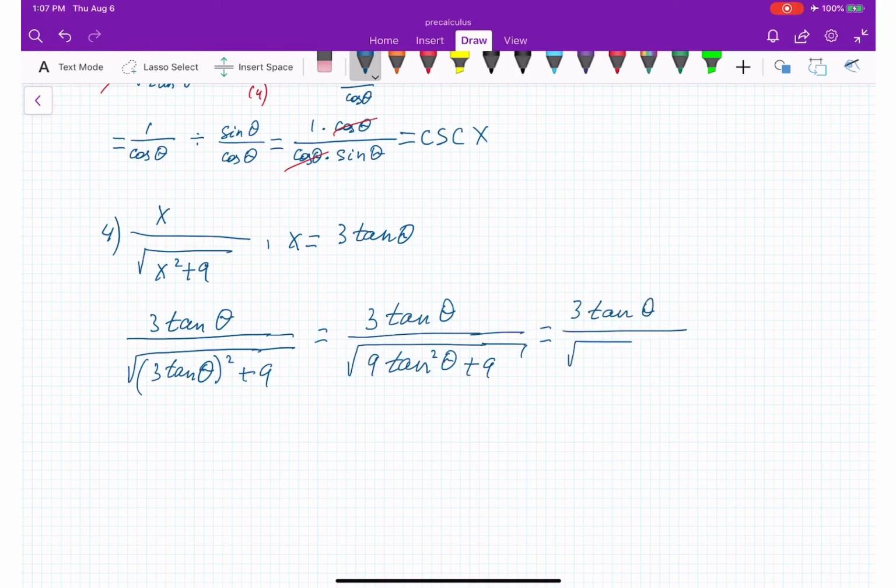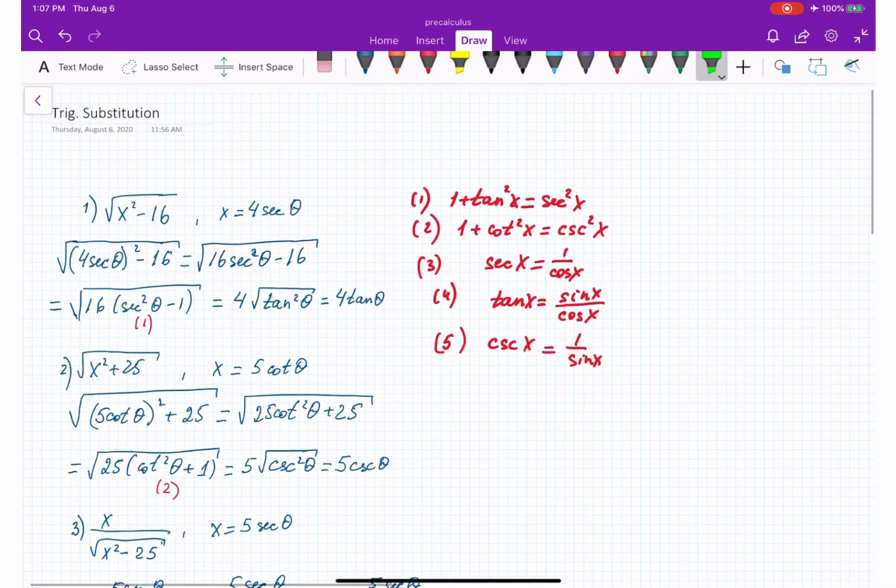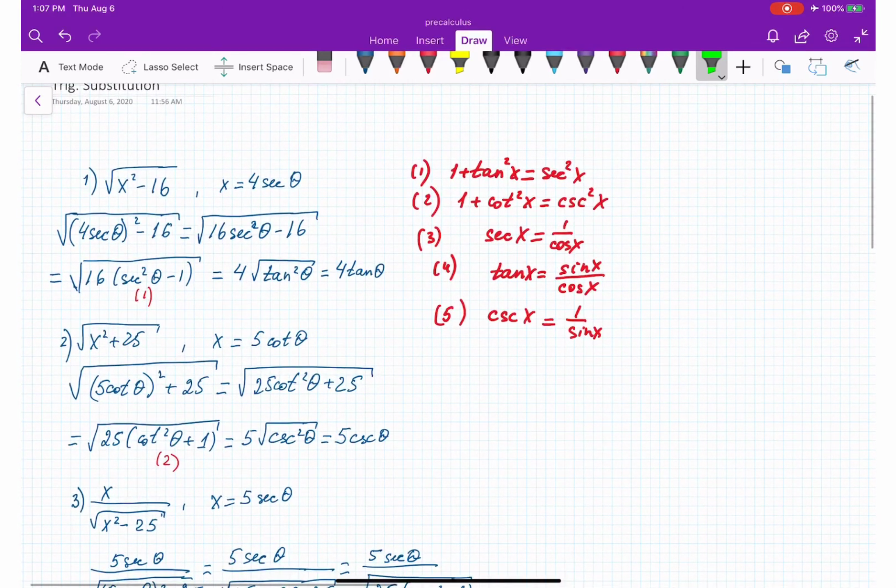This 9 comes out, and we get tangent square theta plus 1. The square root of 9 is 3, comes out. And what do we get from tangent square plus 1? Here it is: secant square x.